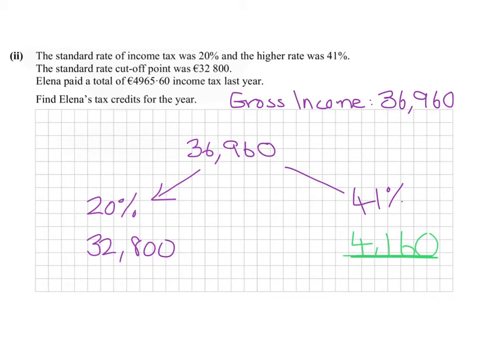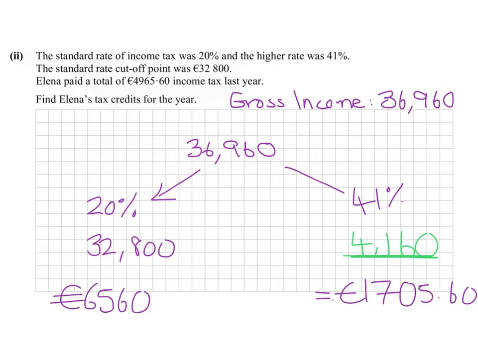So when I get 20% of 32,800, I end up getting 6,560. And when I get 41% of 4,160, I end up getting 1,705.60.